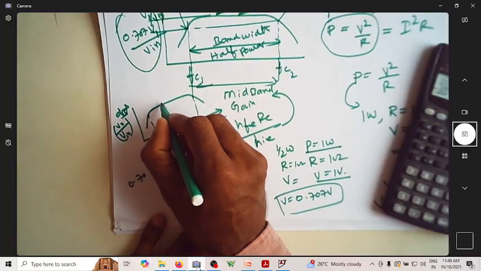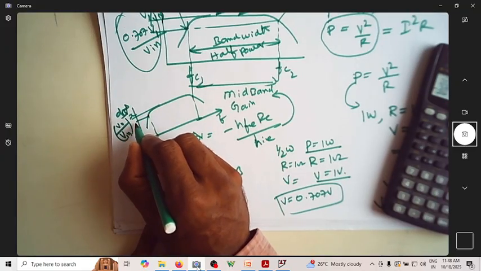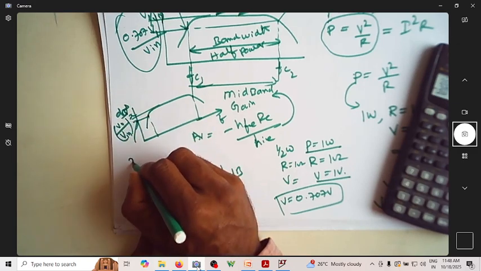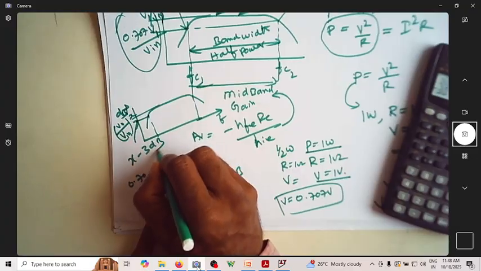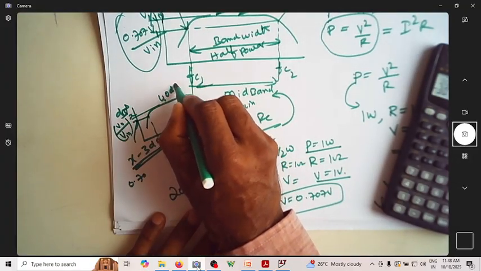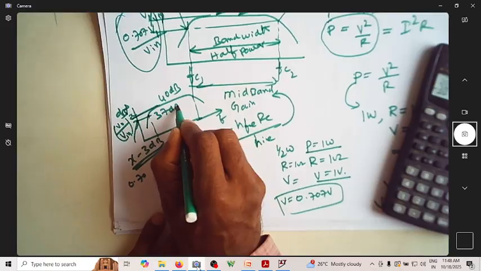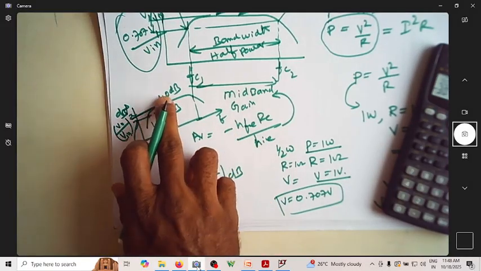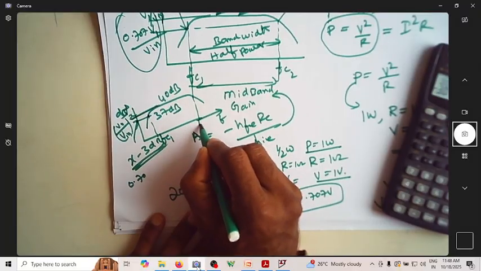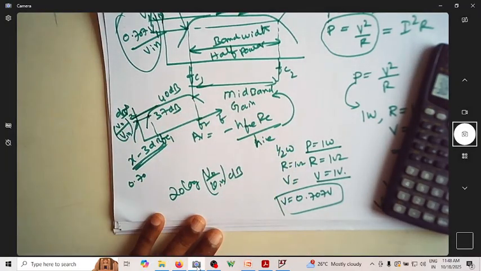So suppose you have some x dBs at the maximum, at this particular frequency, that will be x minus 3 dB. Suppose this is 40 dB as the gain, here it will be 37 dBs. Because it is 3 dB down from the maximum, this corresponds to FC1, FC2. So where it is 3 dB down is FC1, FC2.